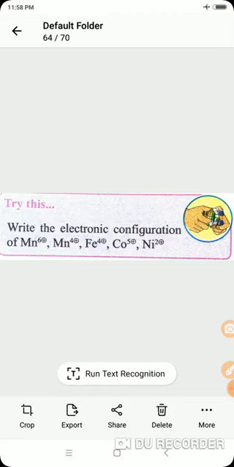When there is a loss of two electrons, then two positive charges are developed, and the metal atom gets converted into a metal ion. So today we learned this very important question from the textbook, and today we discussed the electronic configuration answer of this question: Mn6+, Mn4+, Fe4+, Co5+, and Ni2+ ions.